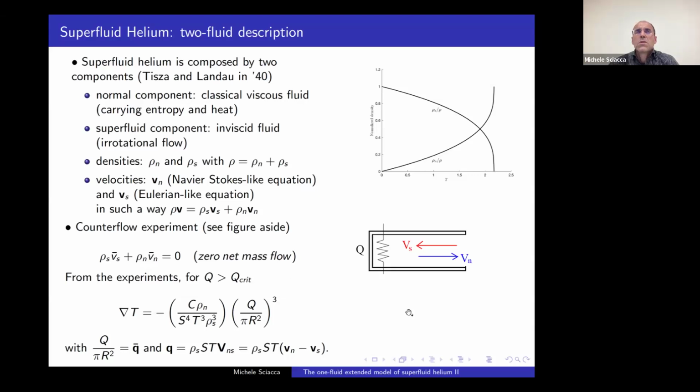Each one has its own velocity, density, and its own properties. The first one is, for instance, a classical viscous fluid, which means that the velocity of the normal component satisfies a Navier-Stokes-like equation, while the superfluid component, still being an inviscid fluid, satisfies an Eulerian-like equation.